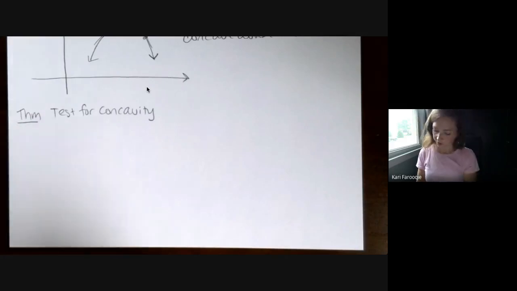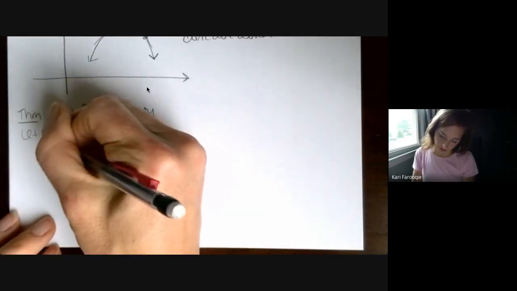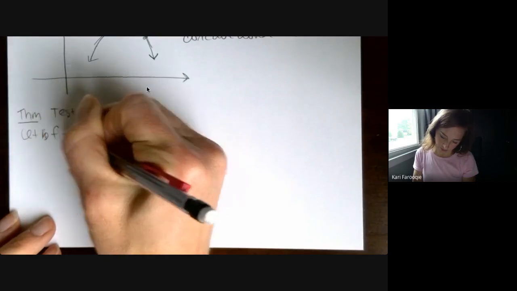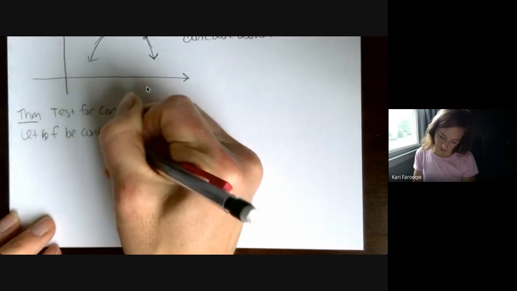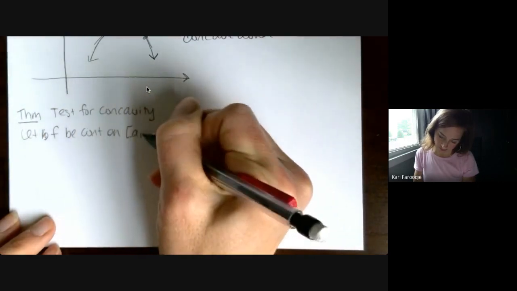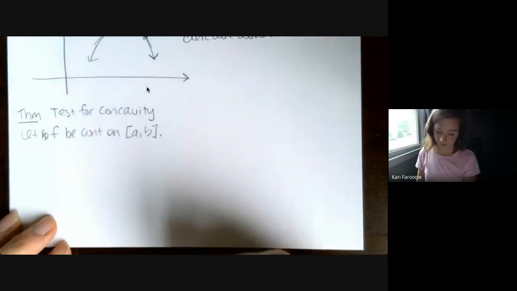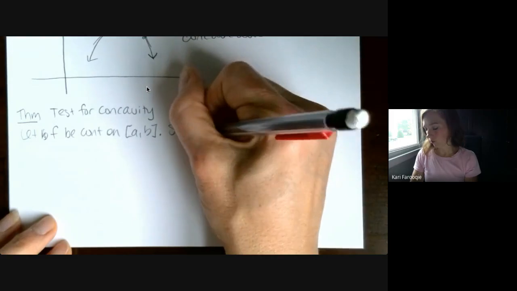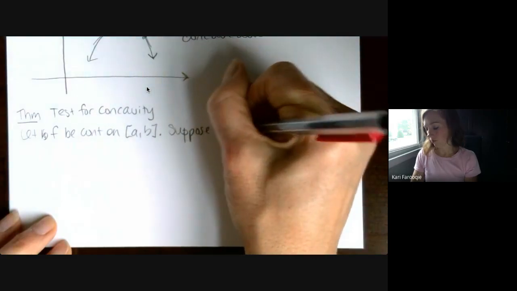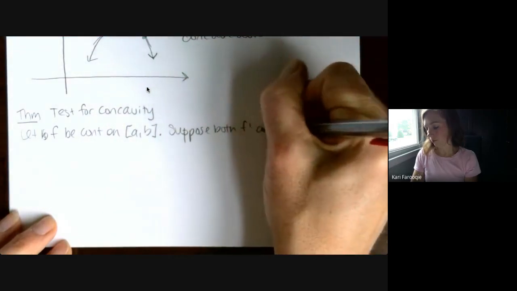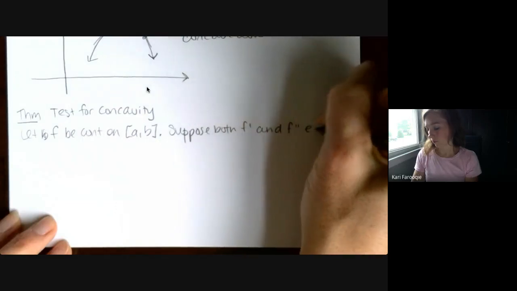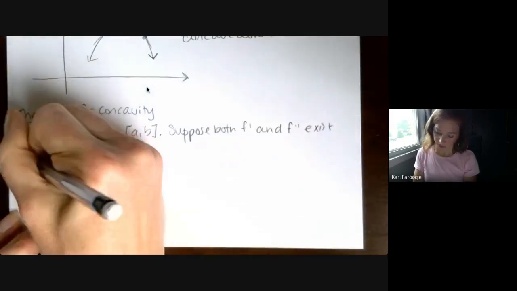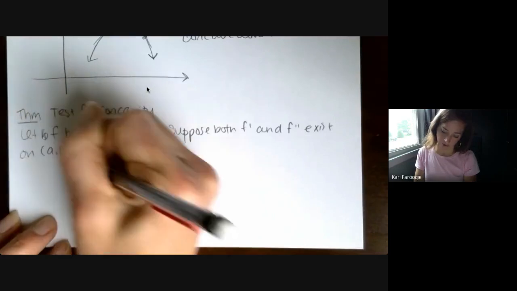We're going to let f be continuous on the closed interval from a to b. Suppose both f prime and f double prime exist on the open interval from a to b.